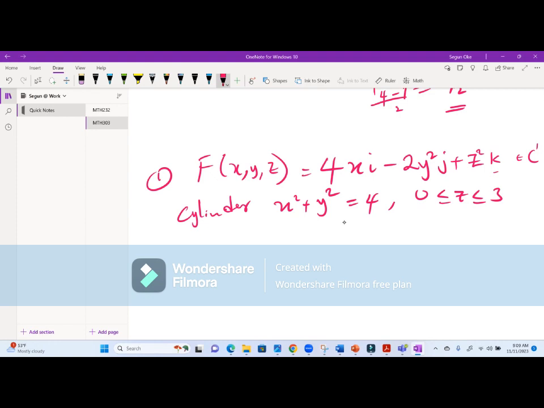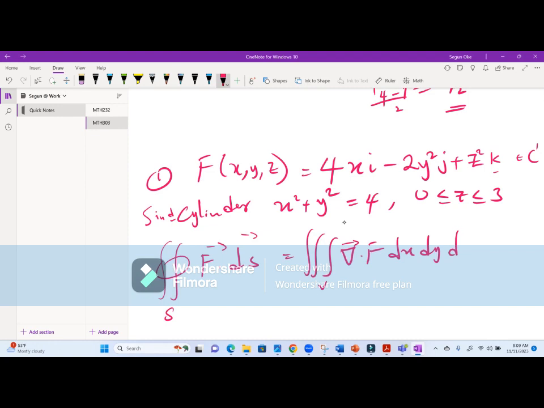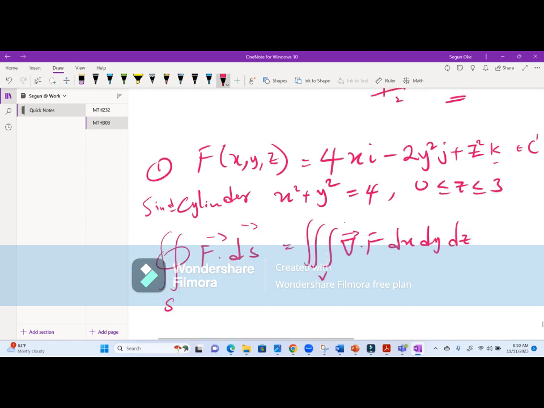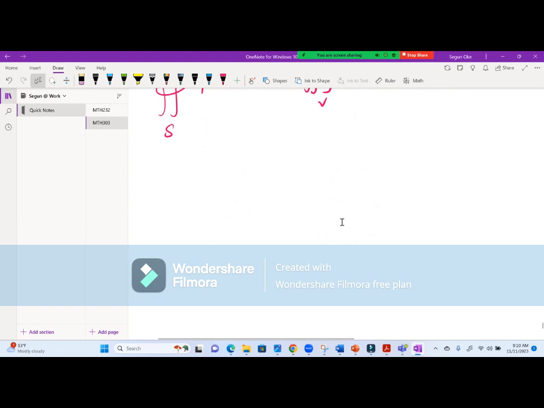According to the Gauss law, the double integral, which is over the surface, remember this is talking about the surface of the cylinder, of F dot dS equals the triple integral over V of the divergence of F, dx dy dz. You remember now. So the way we solved it the other time is still going to be the same way.